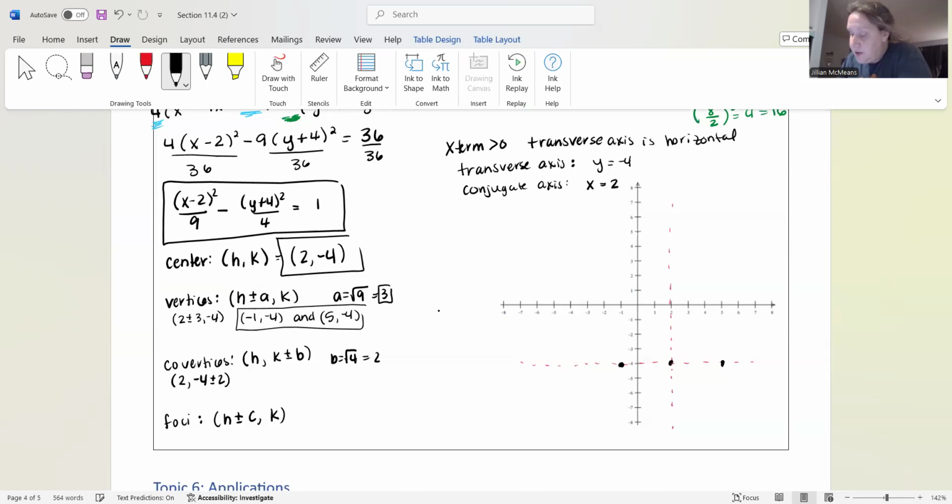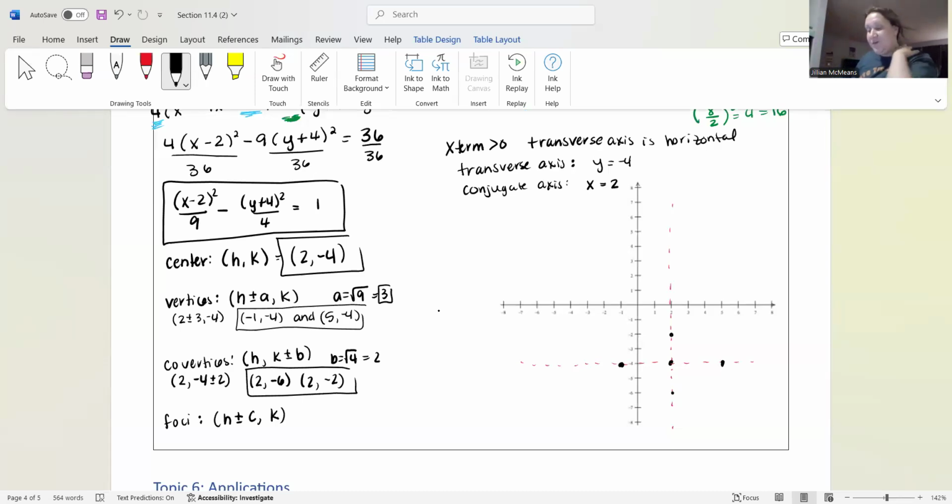So we have co-vertices of 2, comma, negative 6, and 2, comma, negative 2. We can plot those too.